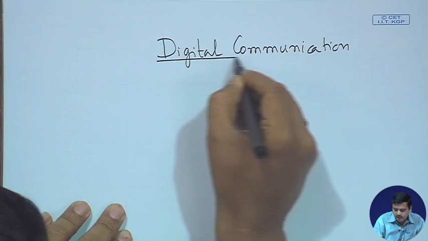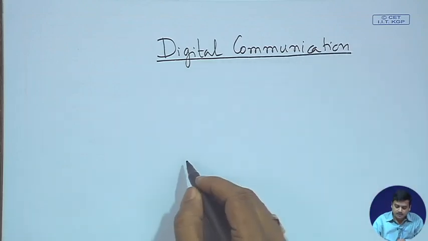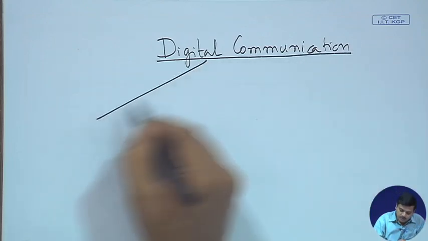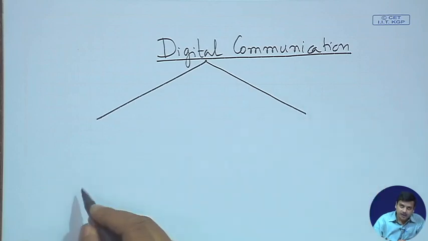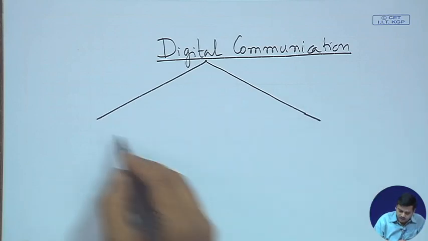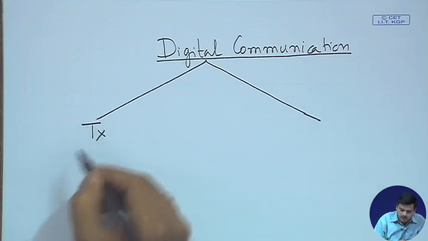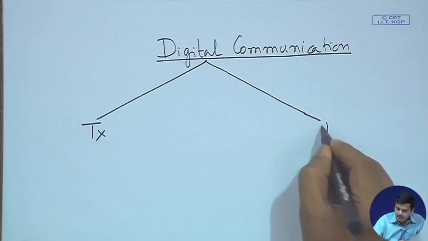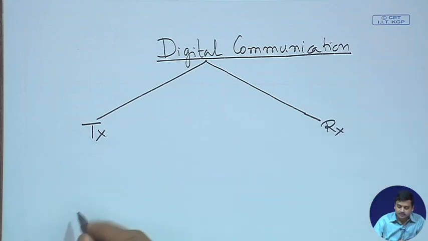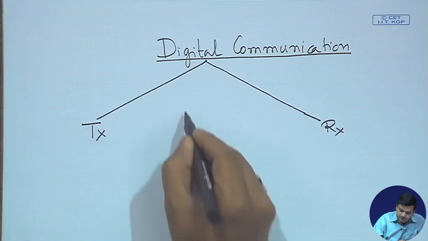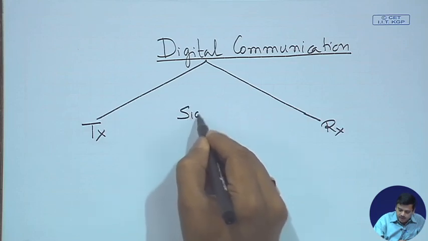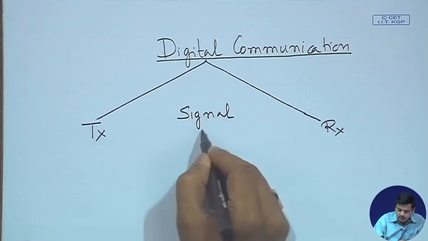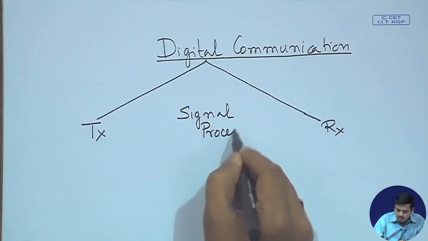If we look at digital communications, we can broadly divide it into two sides. One is the transmitter side, the other is the receiver side. Everywhere you will find we are essentially doing signal processing.